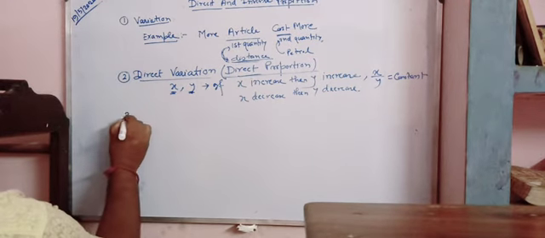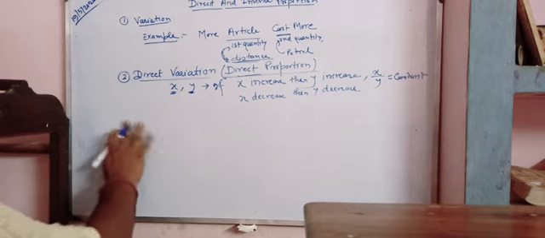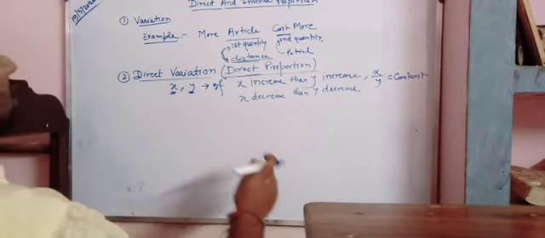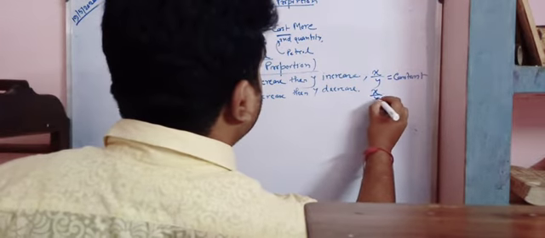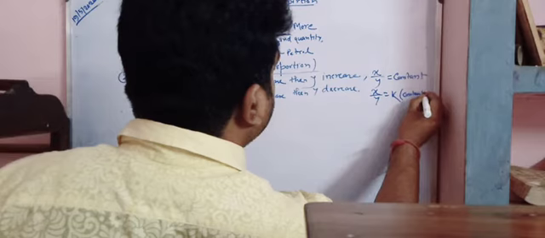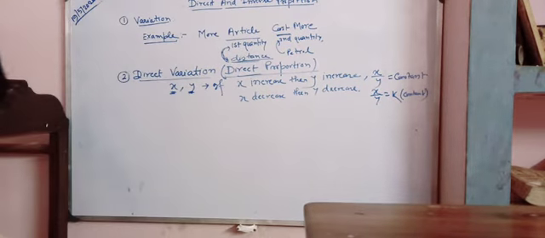Next, for direct variation we are taking x by y is equal to k. That is my constant term. So k is my constant.